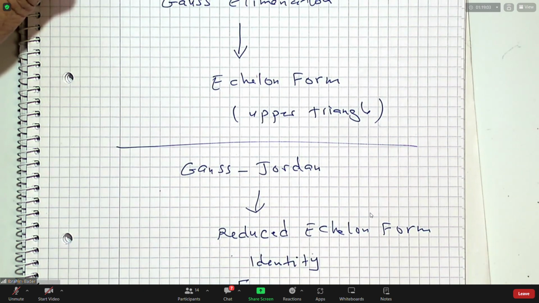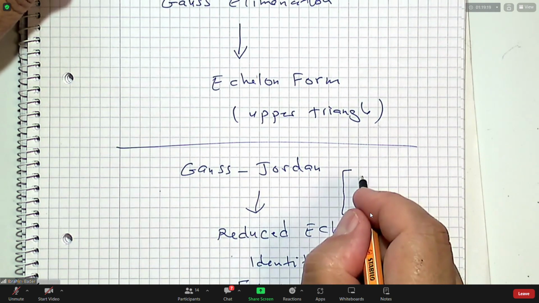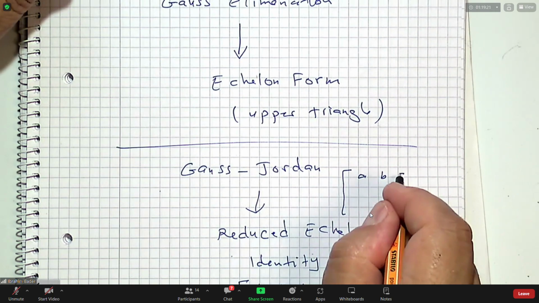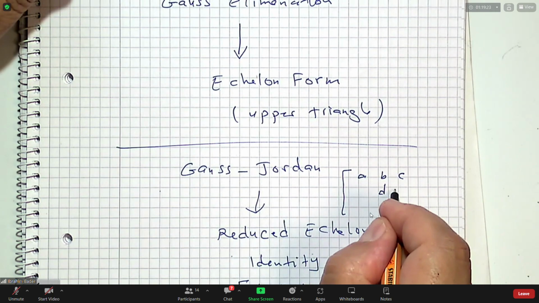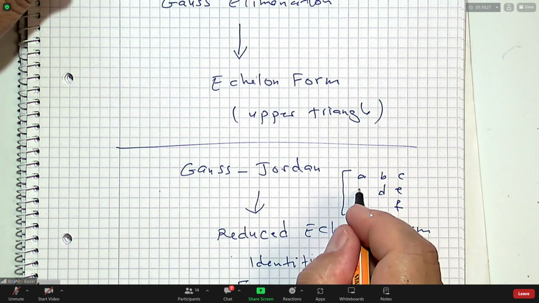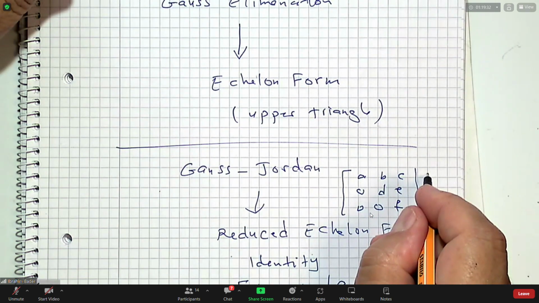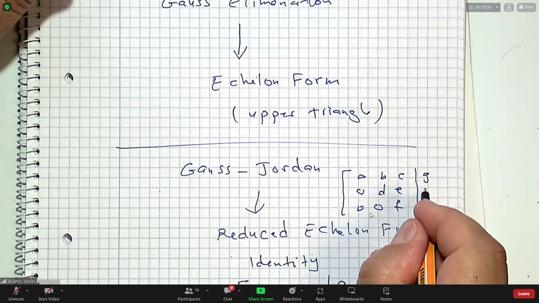Identity means you have something like 1 0 0 for the 3 by 3, and then you have some values, let's say A, B, C. While here in the echelon form you have A, B, C, D, E, F, and here you have 0 0 0, and then G, H, I, whatever.